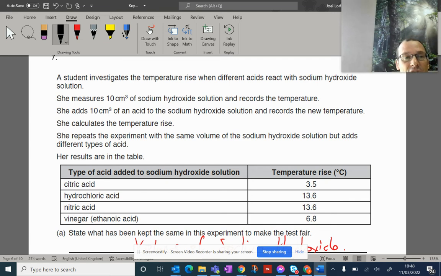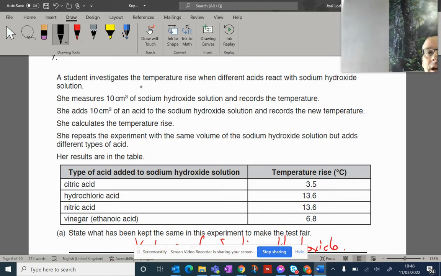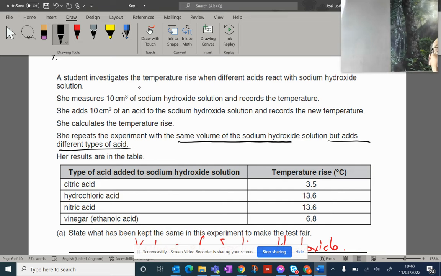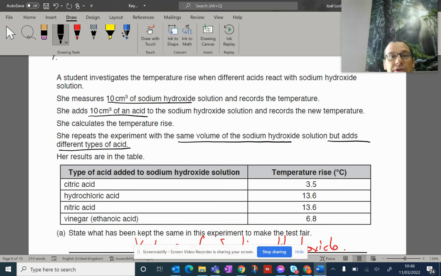She calculates the temperature rise, and repeats the experiment with the same volume of sodium hydroxide, but adds different types of acid. So she would also have added the same volume of acid, but just a different type.